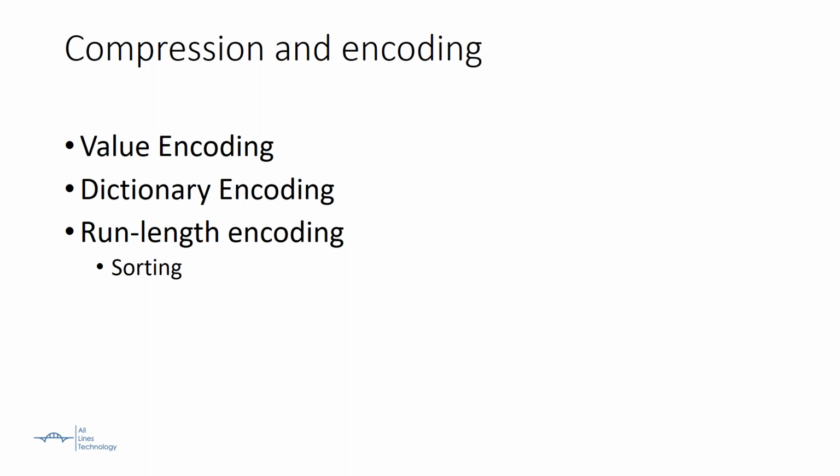And then the final one, which we're going to talk about more and relates to the fact that things are stored as columns, is run length encoding. And this is dependent on sorting, but run length encoding basically says if I have a run of values, so if I have Ohio 20 times, instead of putting Ohio, Ohio, Ohio, you would put Ohio, comma 20.